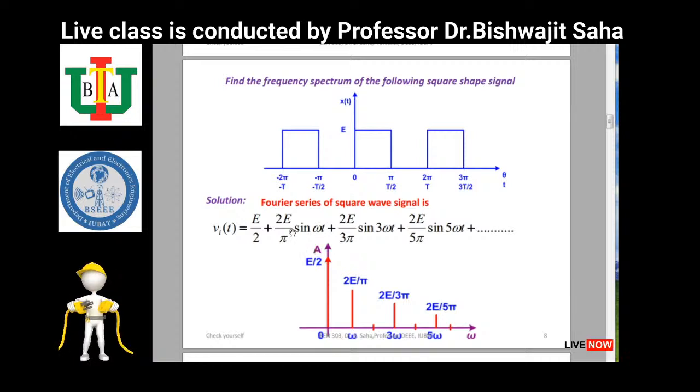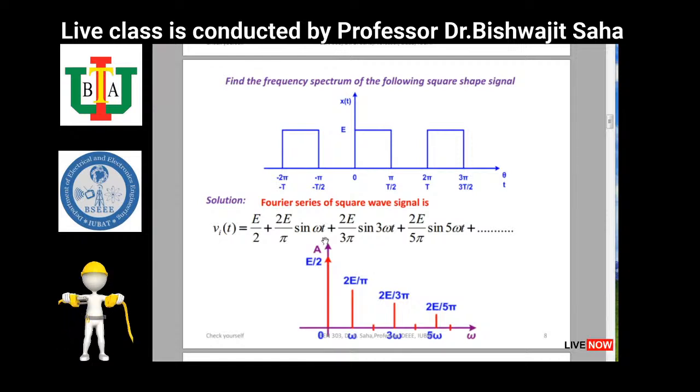The maximum value is 2E by pi. The third term is the third harmonic, 3 omega, on which the maximum value 2E by 3 pi has been drawn. So this is how we draw a frequency spectrum.